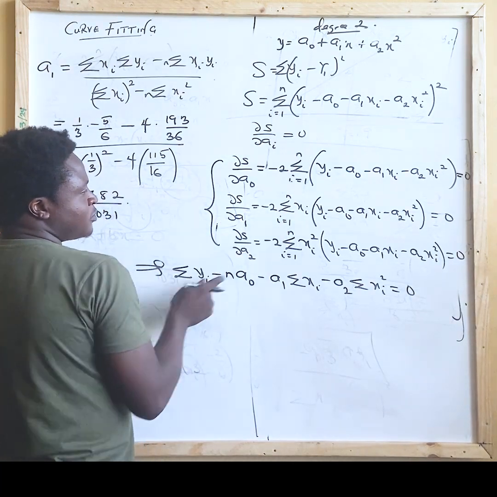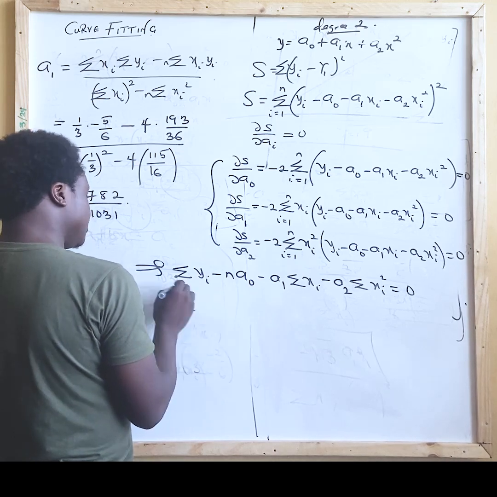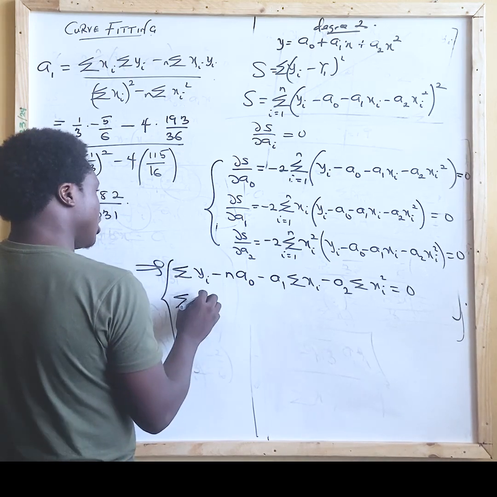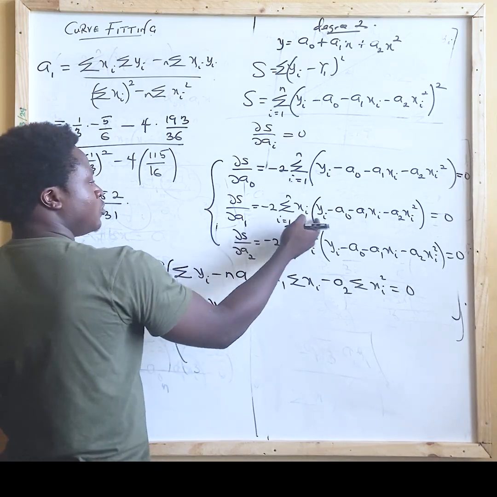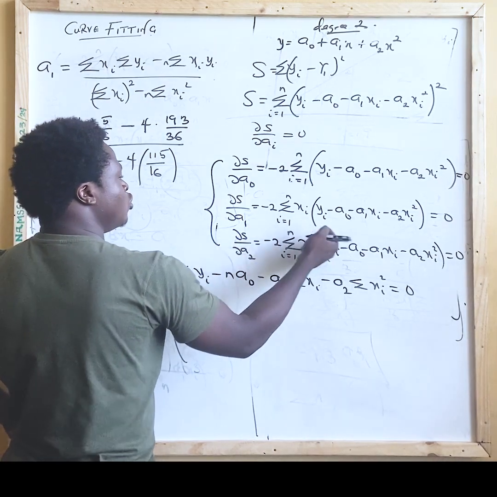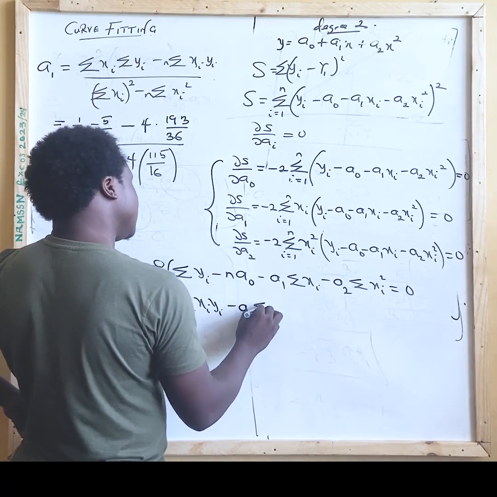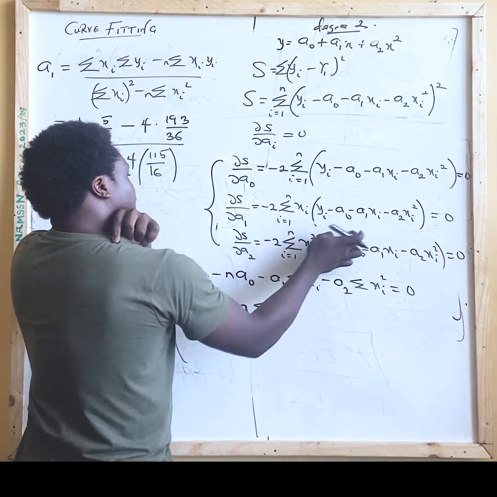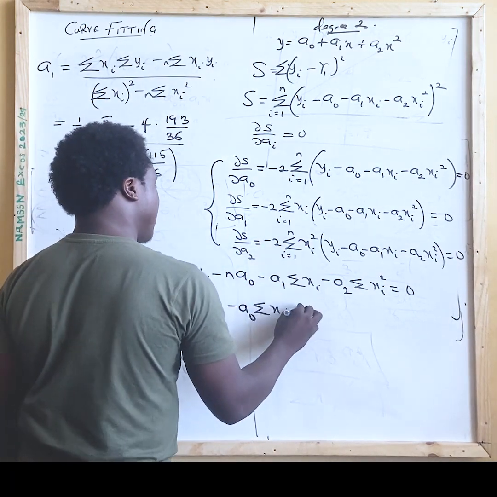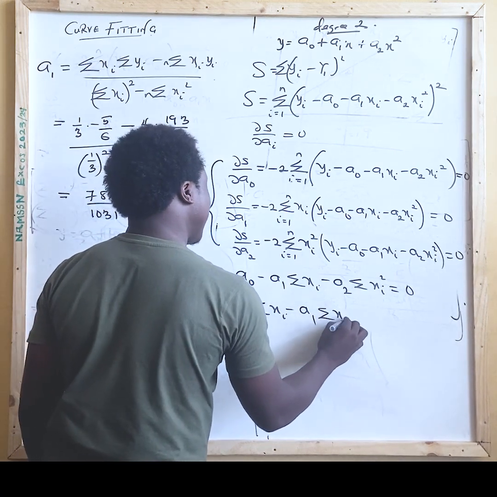Coming to the second one, I'll be having summation xiyi for these two. Now these two will be minus a naught summation xi. For these two here, it will be minus a1 summation xi squared.